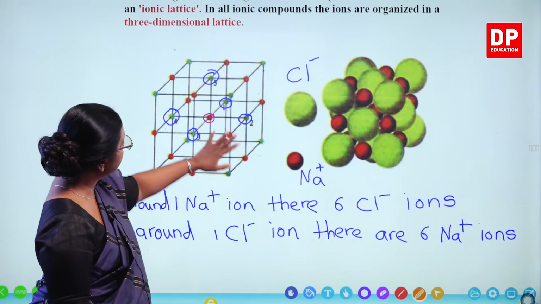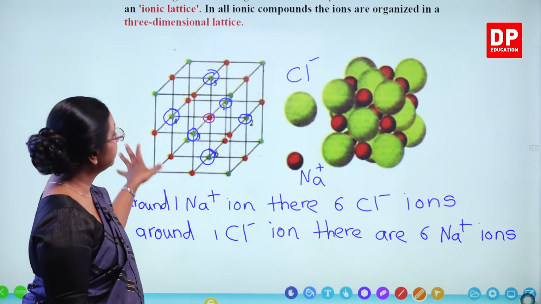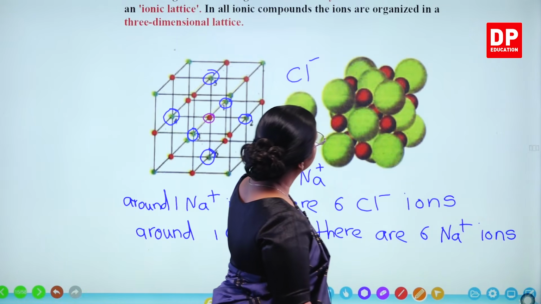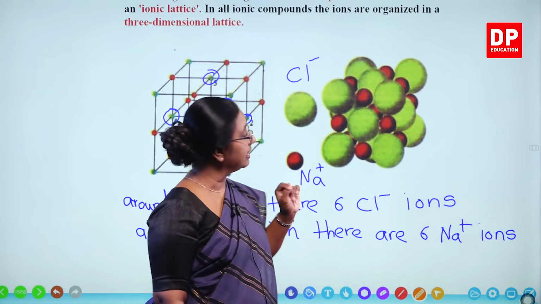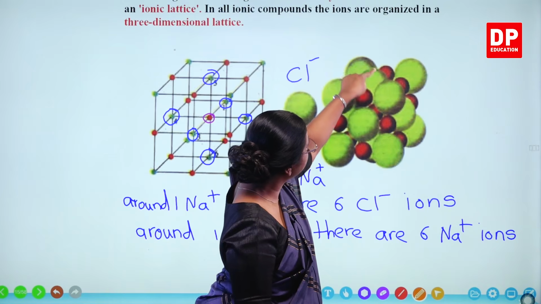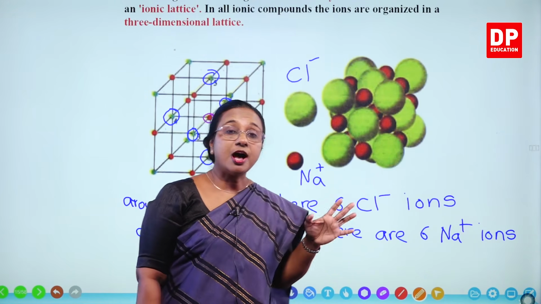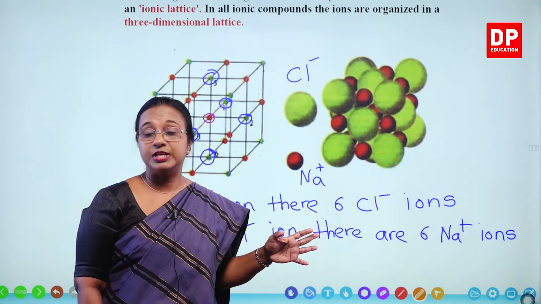So if you look at this structure also, you should be able to identify that this is an ionic lattice. If you look at this arrangement, here also you can see, look at the ion in the middle, the red color one. Can you see 1, 2, 3, 4, one below and one on top? So there are 6 chloride ions around 1 sodium ion.